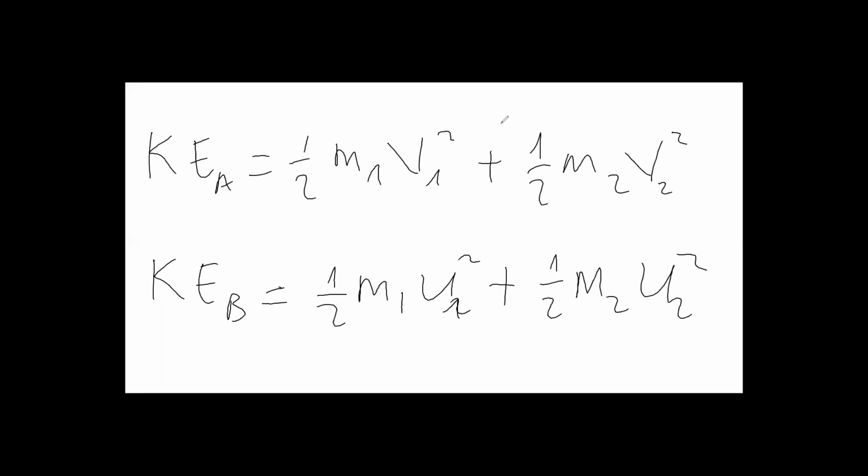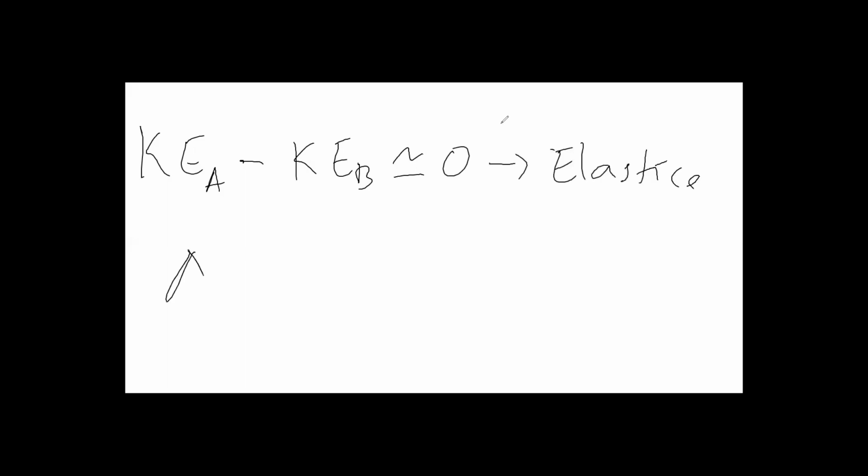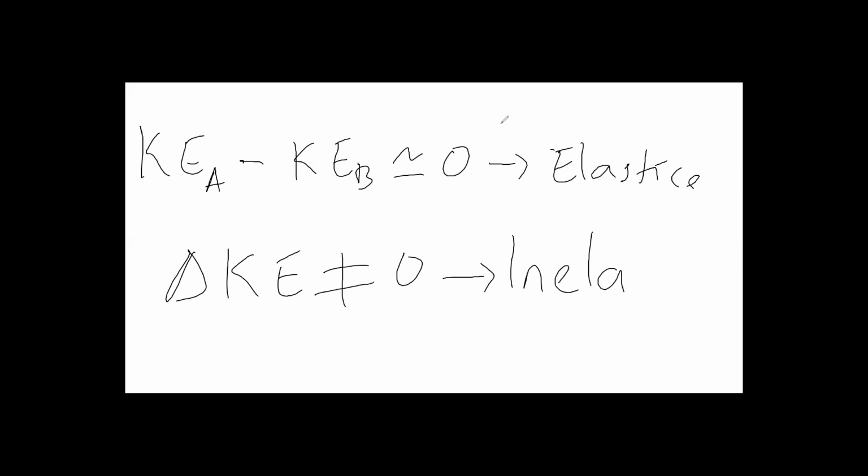And from these two, you can determine whether the collision is elastic or inelastic. If the kinetic energy after collision minus the kinetic energy before collision is approximately 0, this collision is elastic. And if the change in kinetic energy is different from 0, this is inelastic.